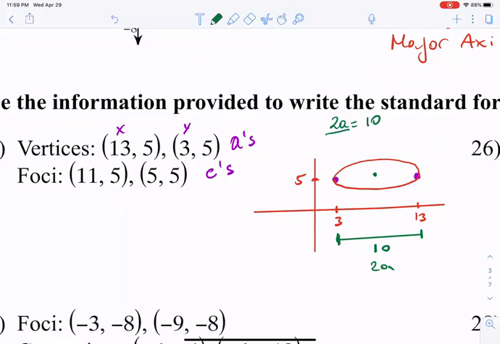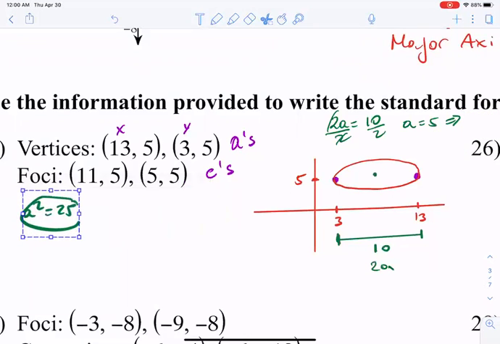Now I can solve for A. Divided by 2, I get A equals 5, which implies that A squared is 25. So I found my A squared that I need for my equation. I have my A squared is 25.